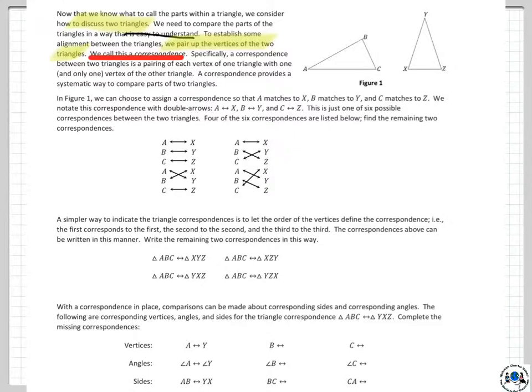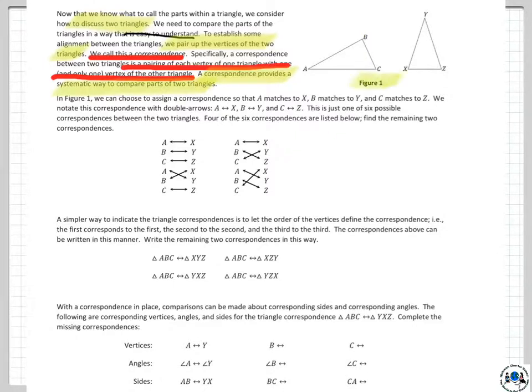So specifically, a correspondence between two triangles is a pairing of each vertex of one triangle with the one and only one vertex of the other triangle. A correspondence provides a systematic way to compare parts of two triangles, okay?